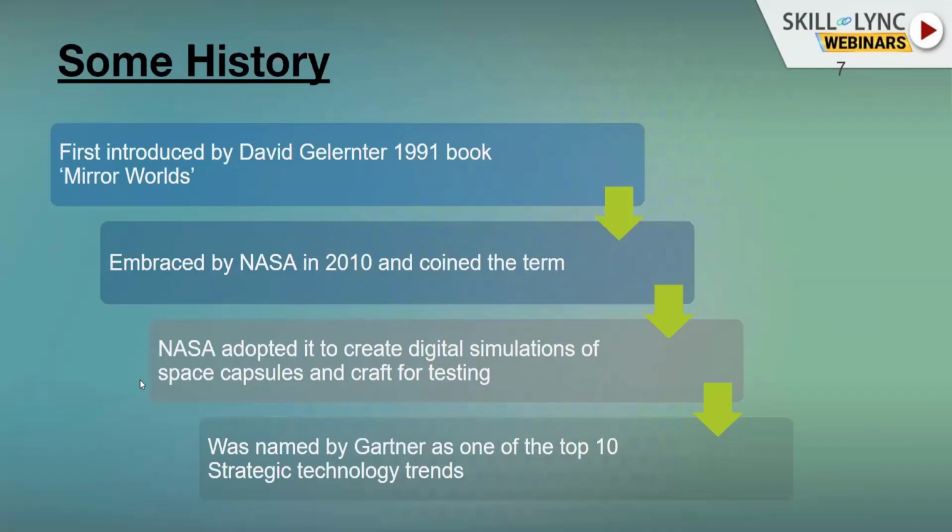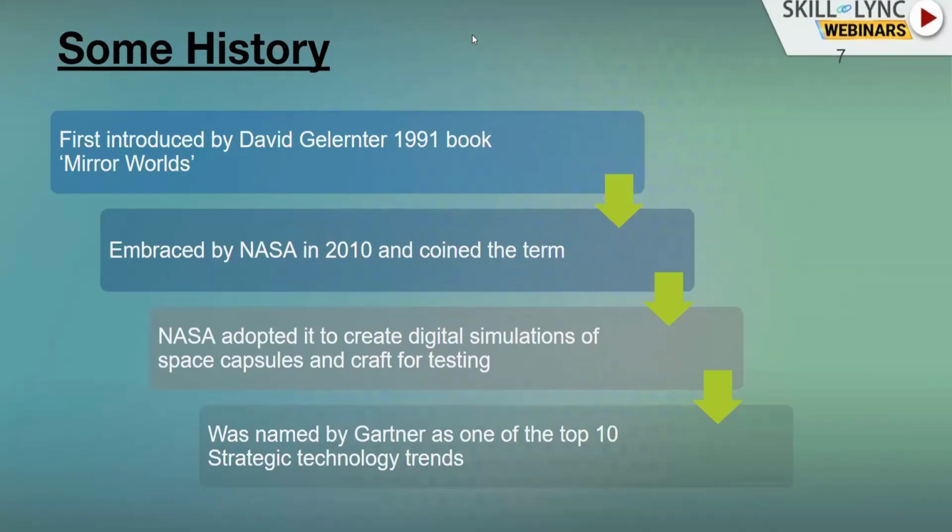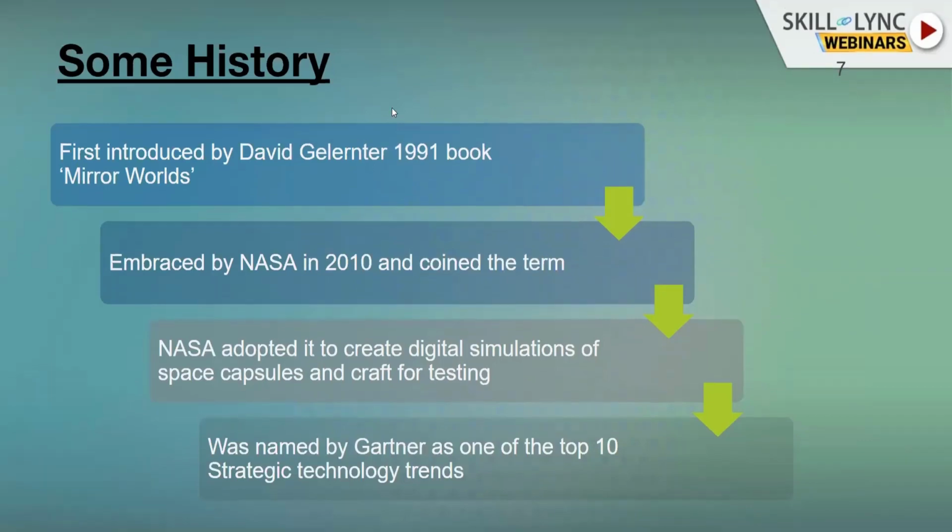So NASA adopted it to create a digital simulation of space capsules and craft for testing the model. Whatever NASA is creating, the spaceships and all, this is quite critical on the safety part as well as on the monetary side. If something is broken or something happens, the failure is very, very costly, right?